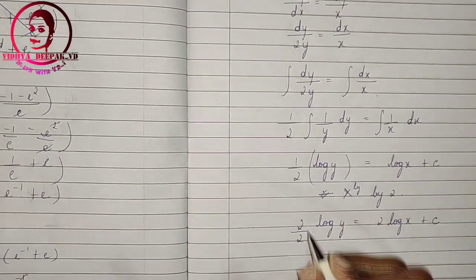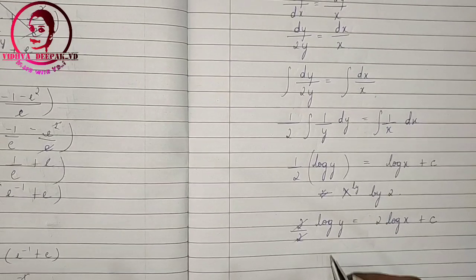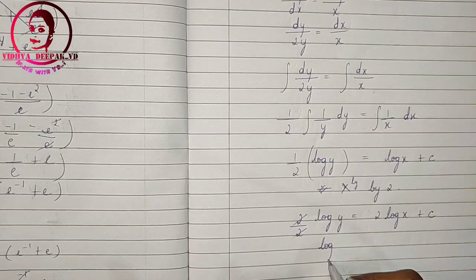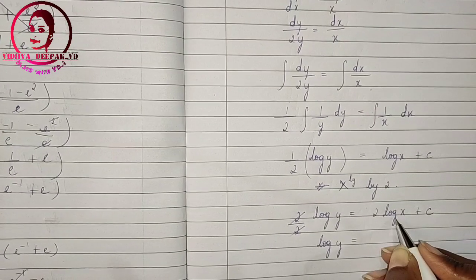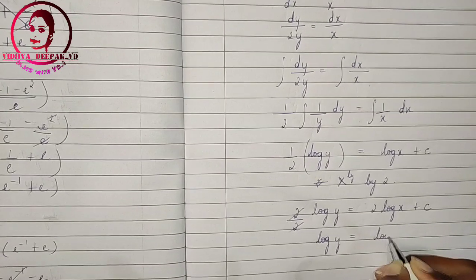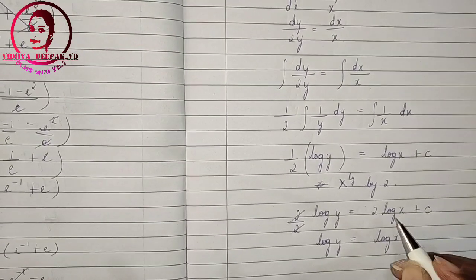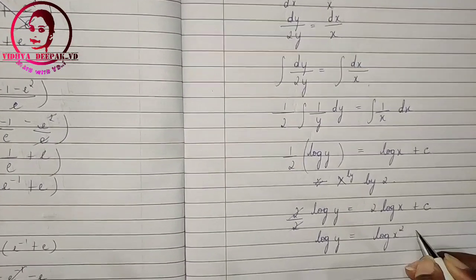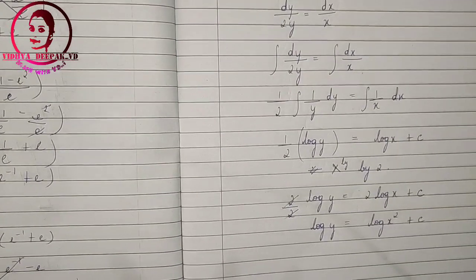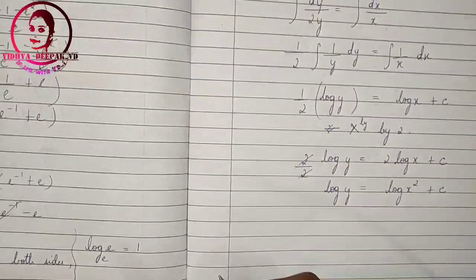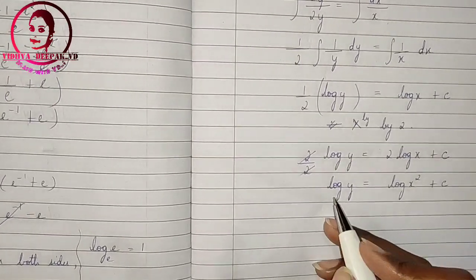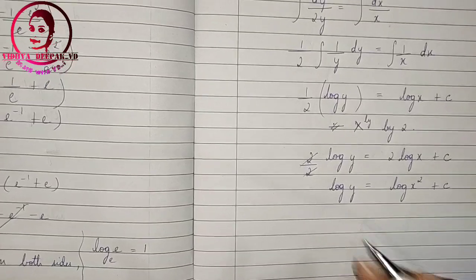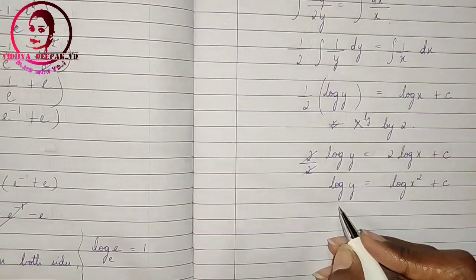Twice the constant again becomes a constant, so I can retain that as c. So the 2 and 2 get cancelled. This becomes log y is equal to, according to the log property, I can write this as log of x square plus c, right? n log m can be written as log m to the power of n. Now I am writing this given equation as e to the power of, so raising to the power of e.